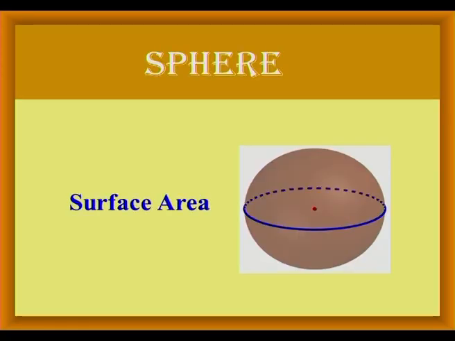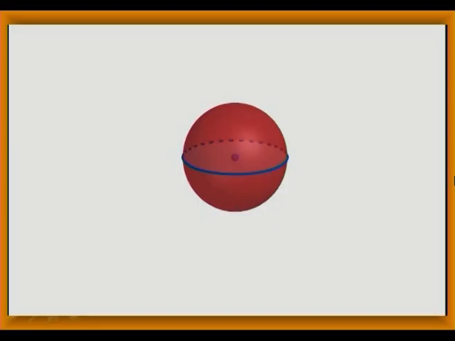Let us learn how to find the formula for the surface area of a sphere. Look at the screen. As we discussed earlier, a sphere has only surface area. Now, we will see how to find it. A sphere has no bases and it has only one measurement, that is radius.